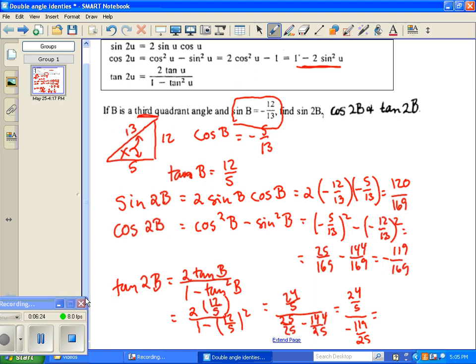Okay, so just inverse multiply those two things. So you can see the 5 reduces with the 25. So the answer is 120 over 119. It's actually a negative 120 over 119. Okay, so that concludes this problem.